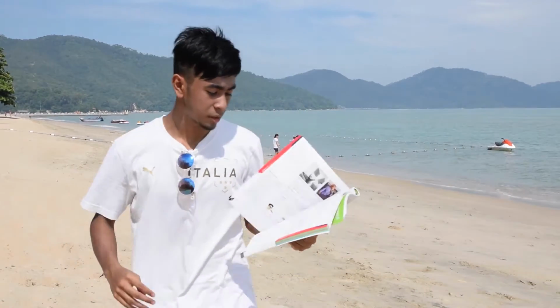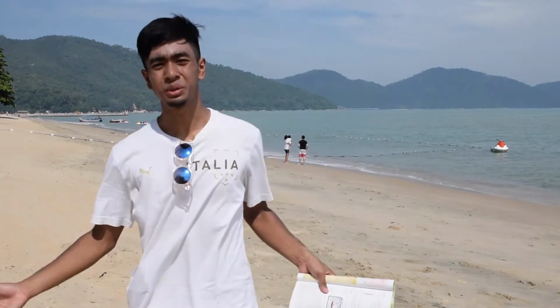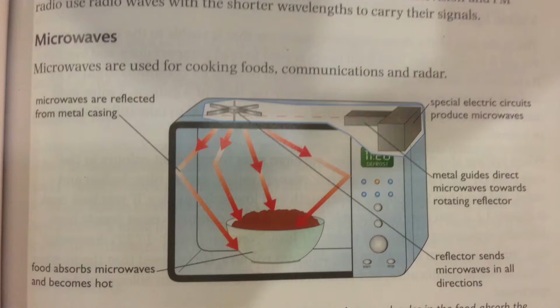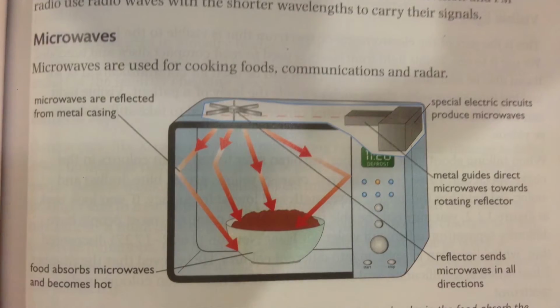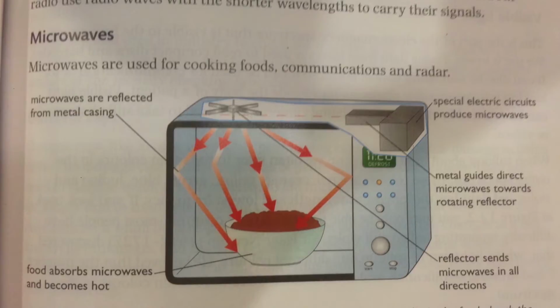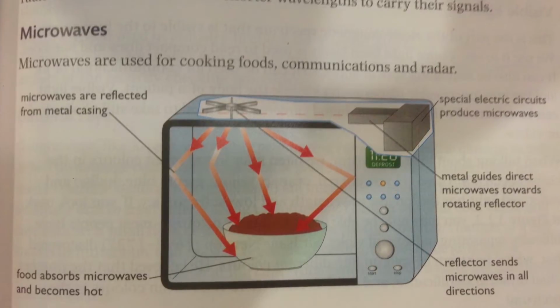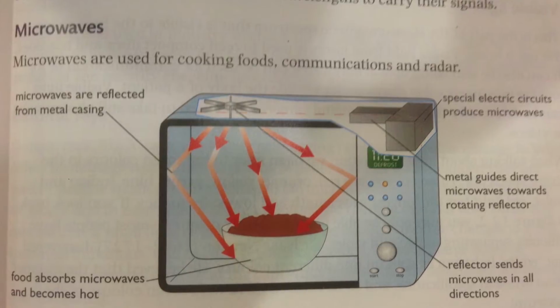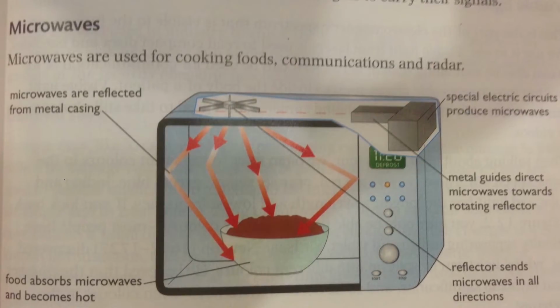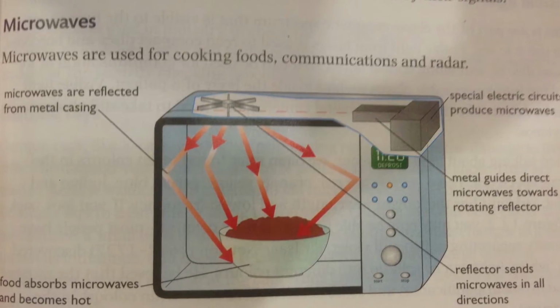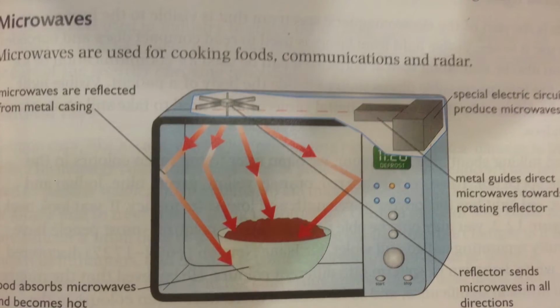They all have a special electric circuit which helps the microwave power up. Pretty simple once you see the picture. Normally the reflector sends the microwaves, as you see at the top left corner, in all directions, so everything is shared.